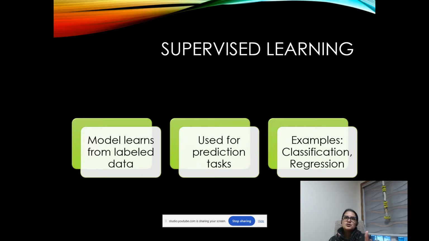This is called supervised machine learning. Now come to the technical definition: the model learns from labeled data. So this is the technical definition. Who is the model? You are the model. It learns from labeled data. Which labeled data? The one where I am giving you the question and answer too.